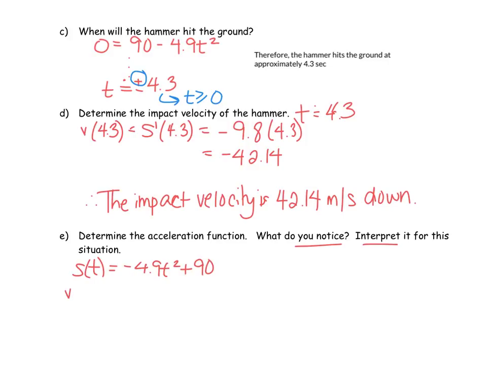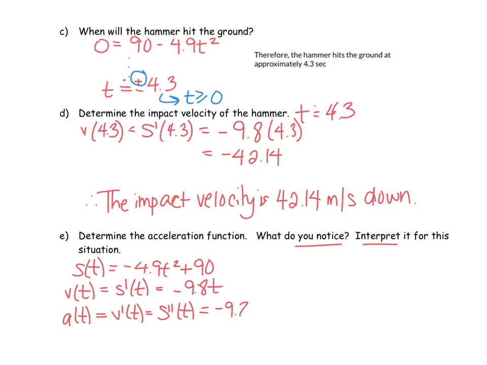Our v at t is equal to our derivative of s, which is equal to negative 9.8 t. Now let's find our acceleration with respect to time, which I know is the derivative of v, which is the second derivative of s, which equals negative 9.8.